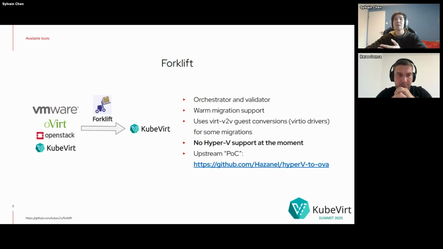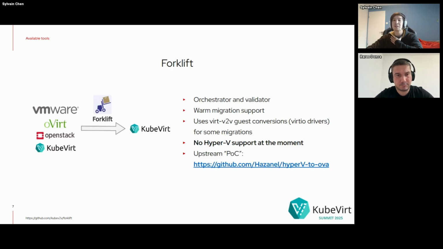So let's start first with Forklift. It's a project to orchestrate and validate the migration of VMs, for example from VMware, oVirt, OpenStack, even KubeVirt itself, to KubeVirt. It supports warm migration for some of these hypervisors like VMware, but also can use cold migration. For cold migration, it's actually using virt-v2v.